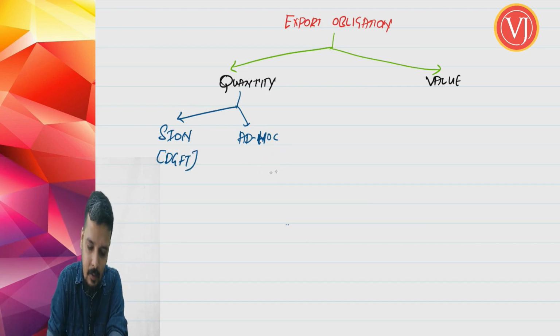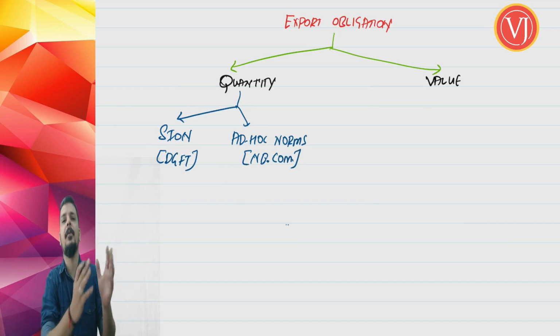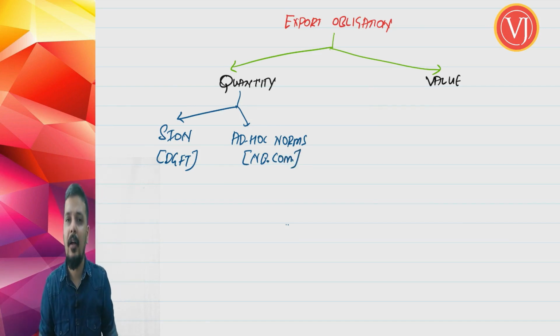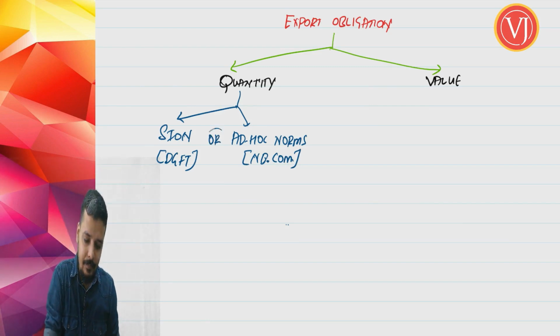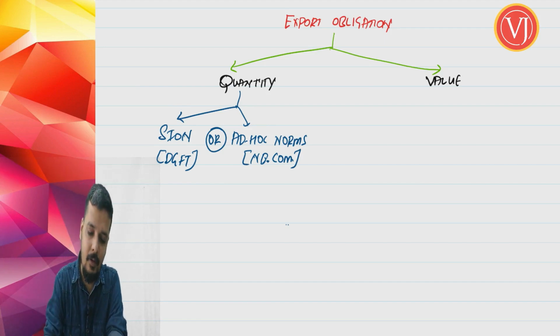Either go with the standard input output norms given already by DGFT, or go with ad hoc norms given to you by the norms committee, that we discussed, one of the 4 types of committees. Either or. So that is with respect to quantity.